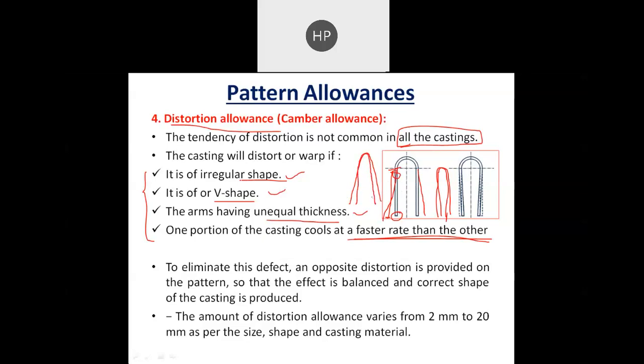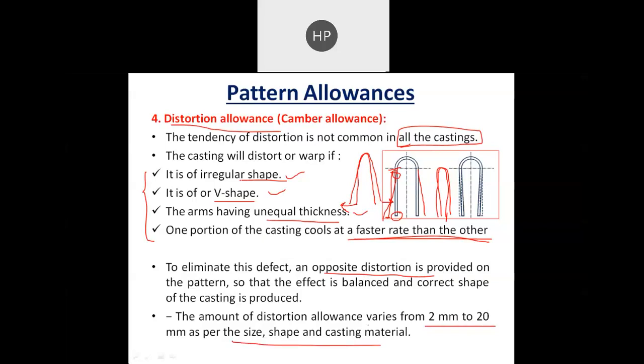So to eliminate this defect, an opposite direction is provided on the pattern, and the amount of distortion allowance will vary from 2 mm to 20 mm, depending upon the shape, size and the casting material.